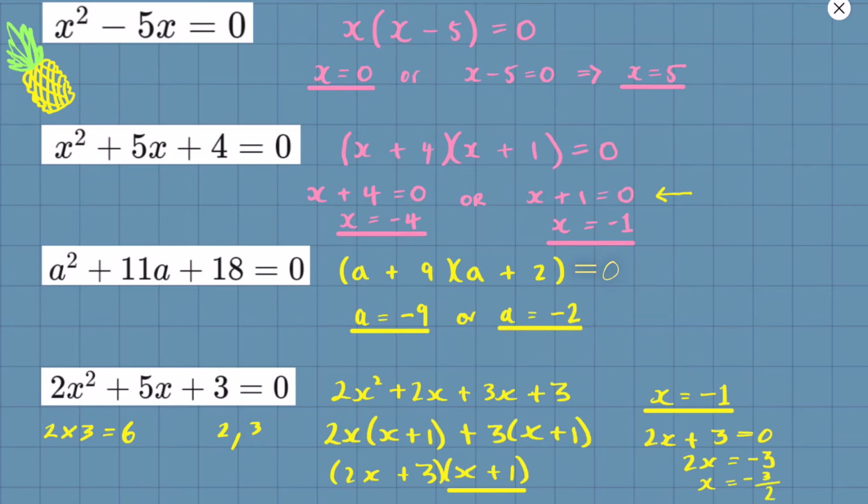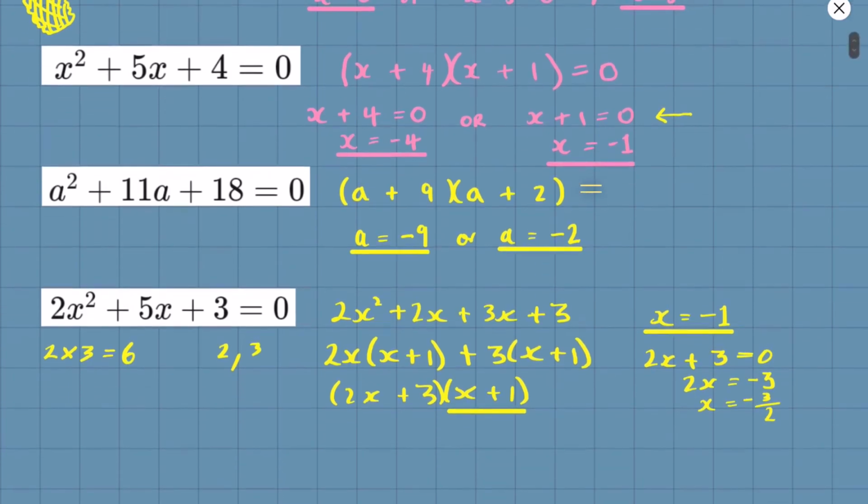And we get -3/2, there is the second solution for the quadratic. So just move down there because the line isn't drawing. And you would say, if you're unsure about this, you've got x equals -1 or x equals -3/2, because both of those would work.